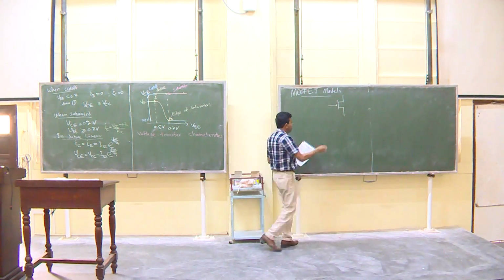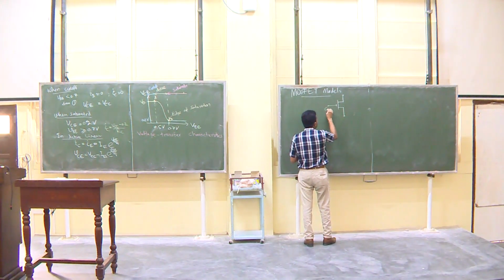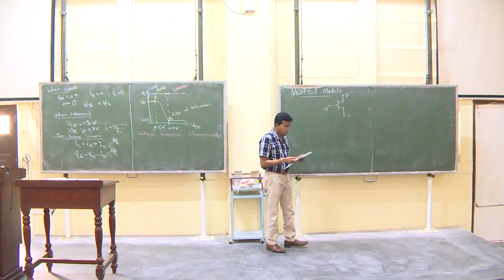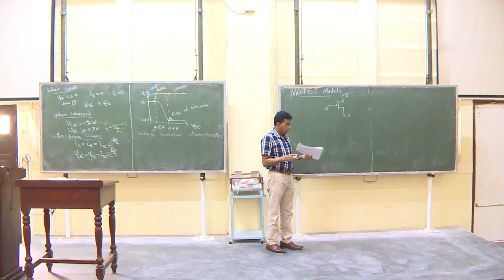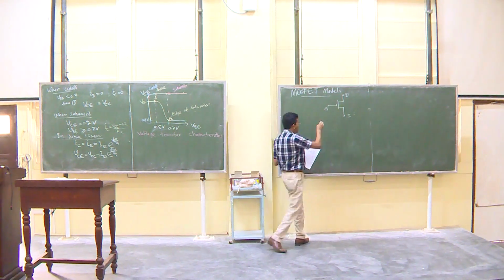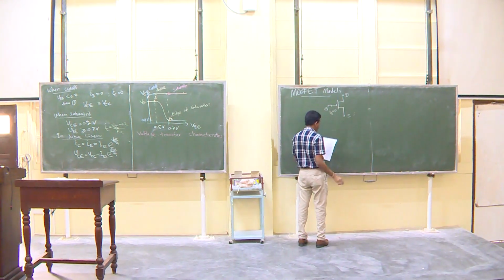MOSFET like this. This is the gate, drain, and source, right? Because of the oxide layer, typically for MOSFETs, input current is 0, right? There is not much current, so Ig is equal to 0.